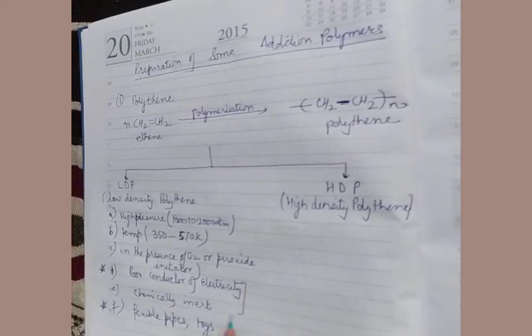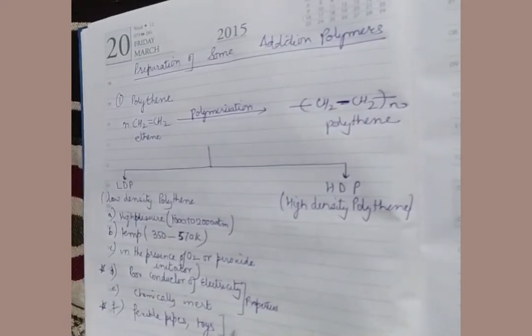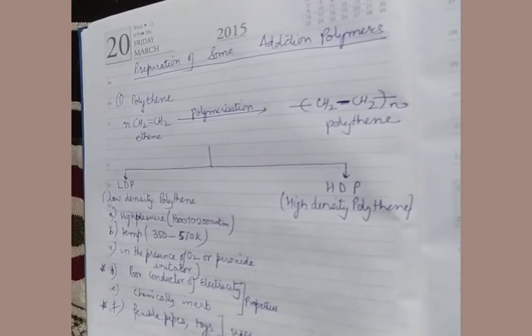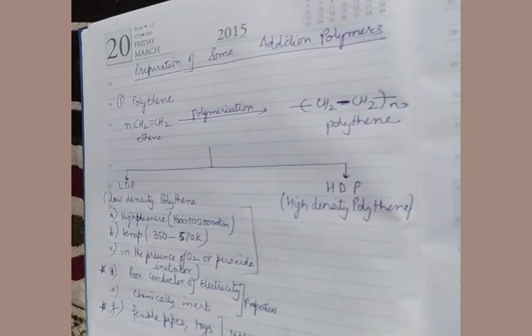So these are the properties, these are the uses, and this is the conditions under which they are being produced.